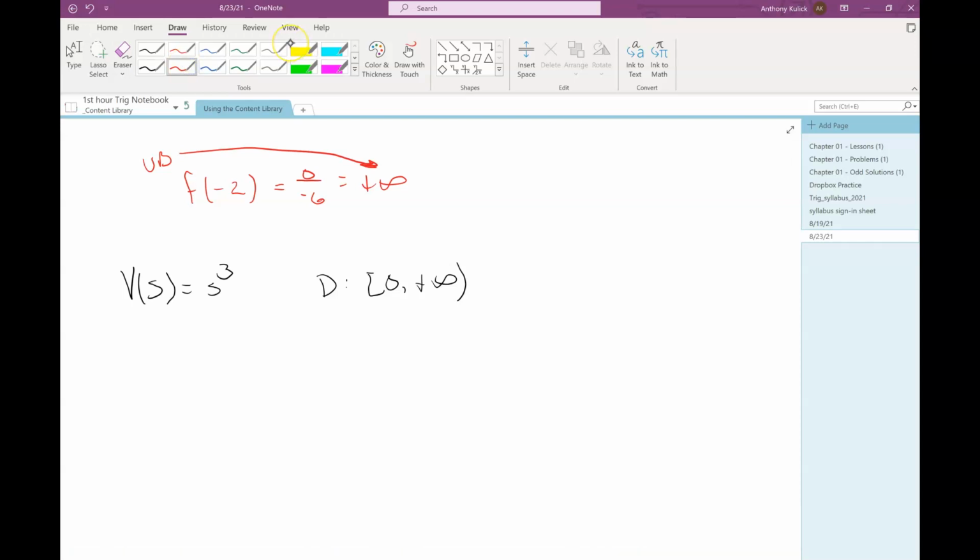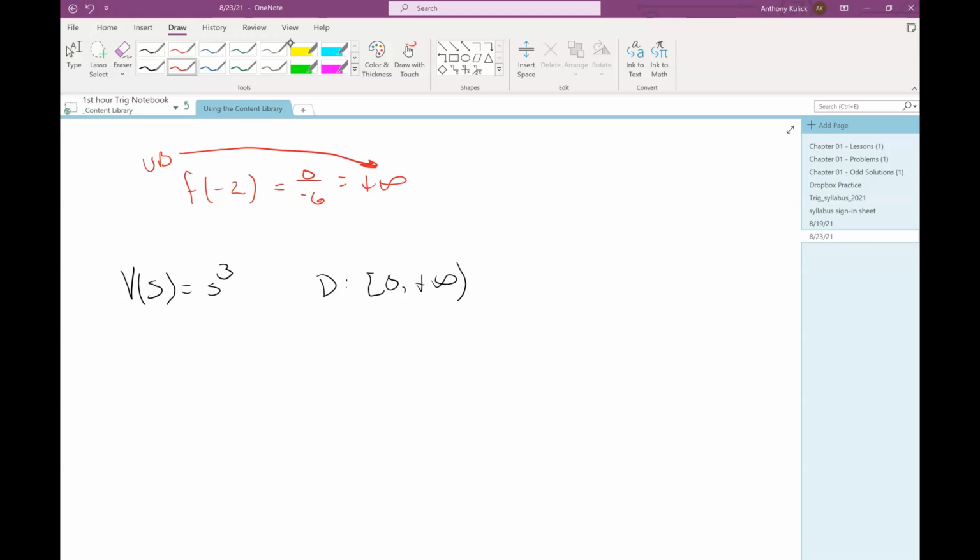So again, I'm going to try to determine whether s cubed is increasing or decreasing. What do you guys think? Yeah, for sure, right? The whole way.